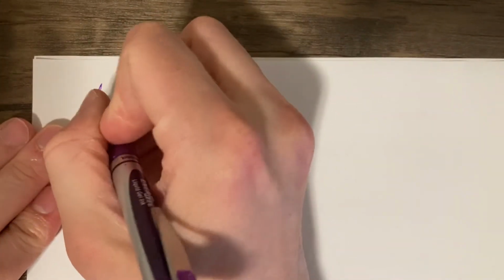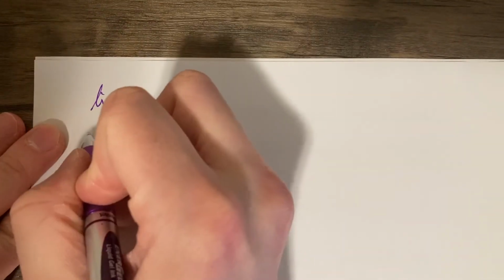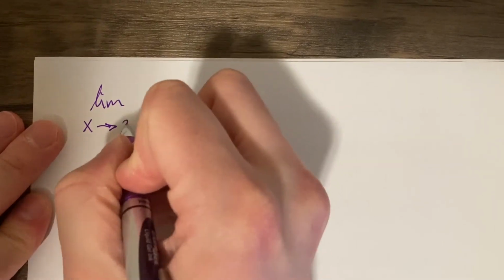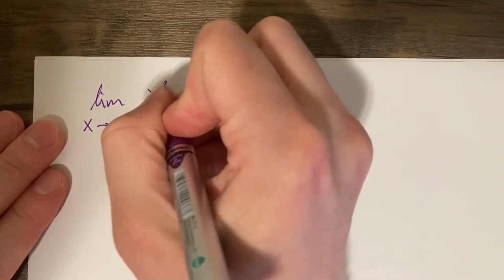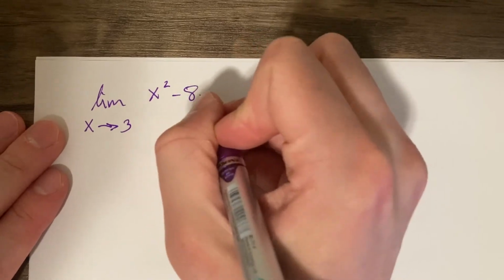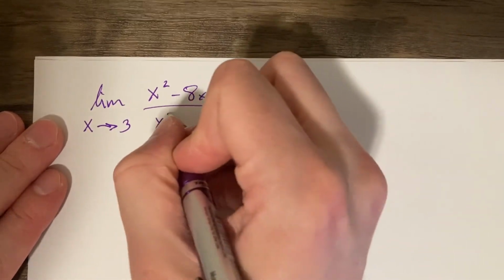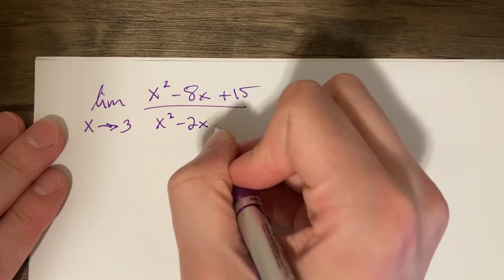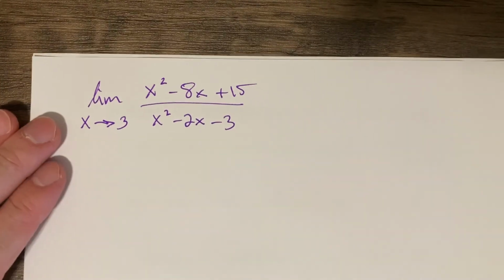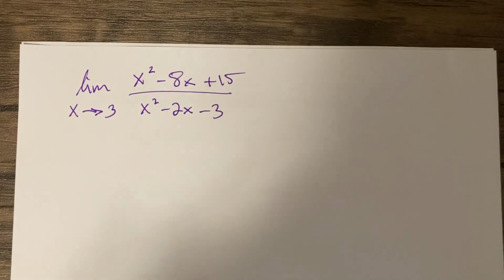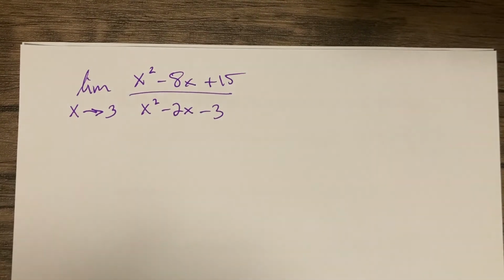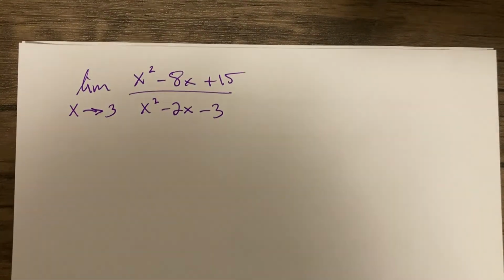So next up, looks like this is our final problem. The limit as x approaches 3 of x squared minus 8x plus 15 over x squared minus 2x minus 3. So this is a two-sided limit.